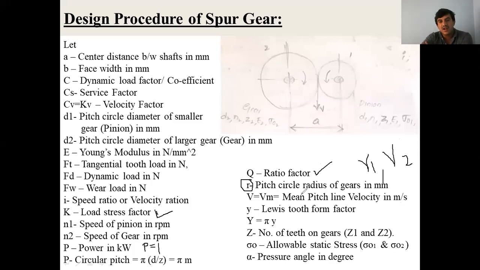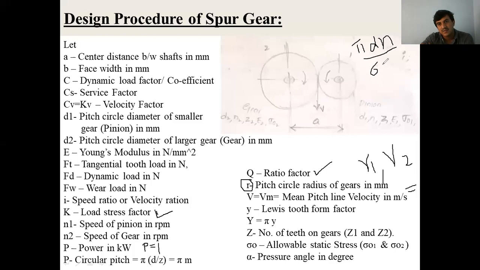Right? And V is equal to Vm, the mean pitch line velocity. This mean pitch line velocity is also called the circumferential speed of the smaller pulley, smaller gear, which is equal to the circumferential speed of the larger pulley. The general formula for the mean pitch line velocity is pi d n by 60.